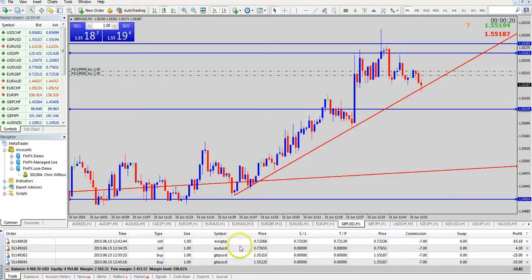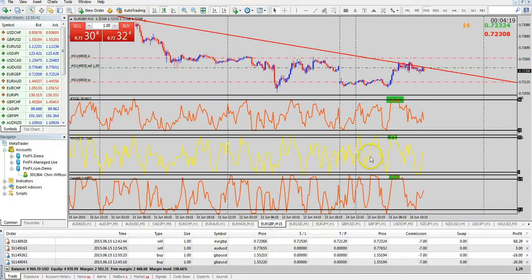Okay, Euro GBP, we're up $68 right now. So we're up almost $70 in this trade here, and AUD USD is starting to go in our favor.